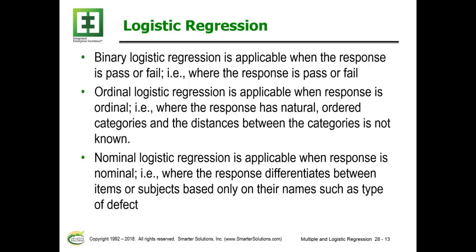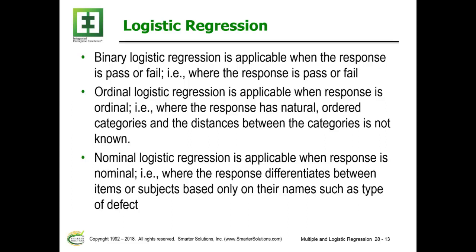Nominal logistic regression is applicable whenever the response is nominal. That is, the response differentiates between items based upon their names, such as type of defects. So let's say, for example, we've got a Pareto chart of different types of defects, and we want to better understand what's driving those defects.